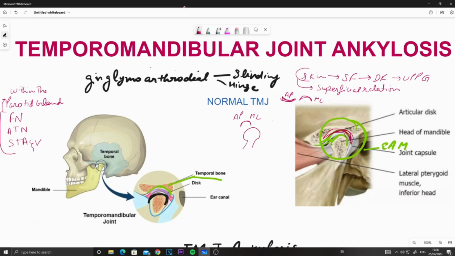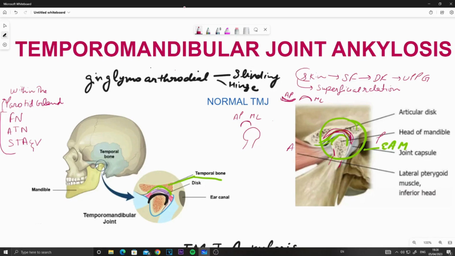Now this condyle is slightly bent inward. You can see from this, it goes like this, slightly bent inward. This is the anterior and this is the posterior.